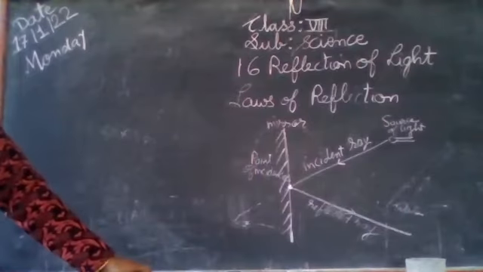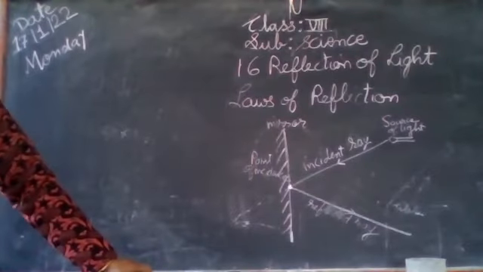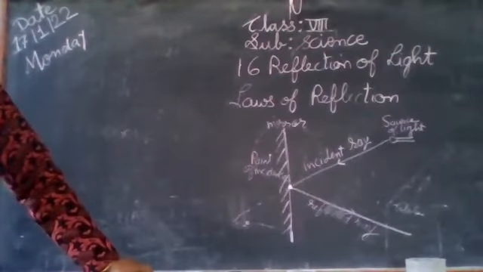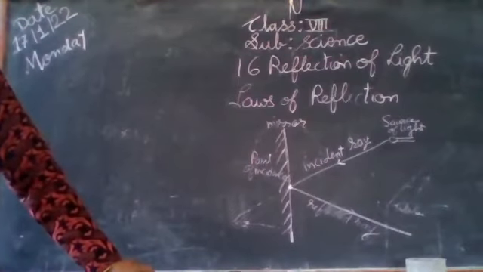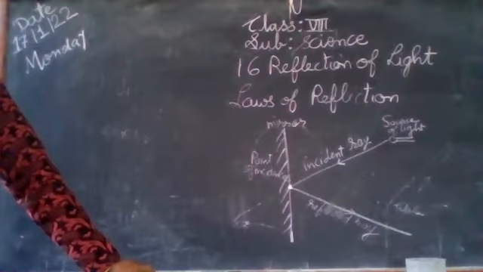The direction of the reflected ray is decided by certain rules which are called laws of reflection.